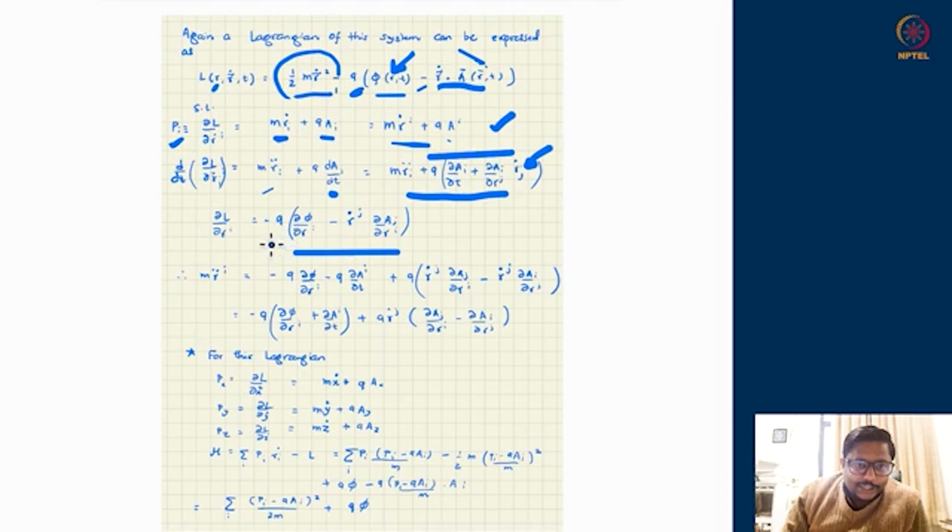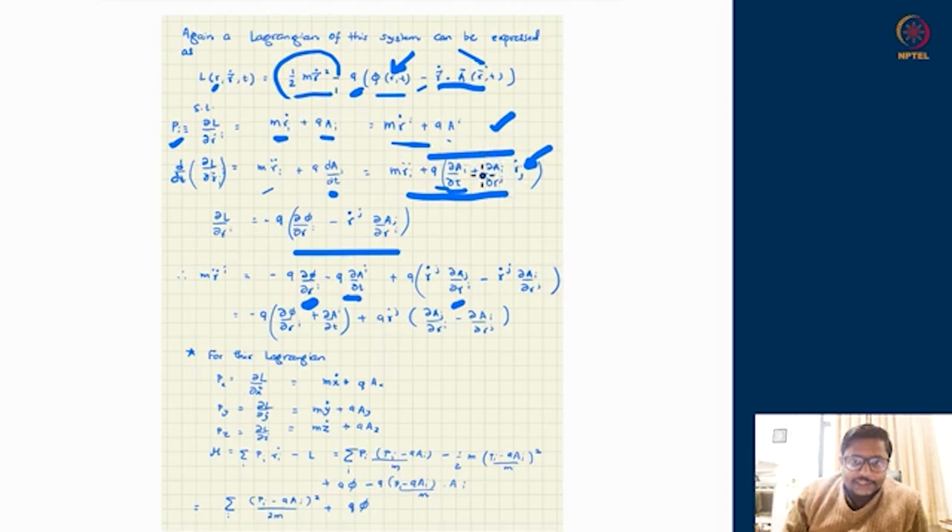The right hand side already had a del phi upon del Ri term, and a minus Q del Ai upon del t term comes from the left hand side. So this term over here comes to the right hand side and becomes a minus Q del Ai upon del t, which is fine. On the right hand side I already had a plus Q Rj dot del Aj upon del Ri, which was already there.